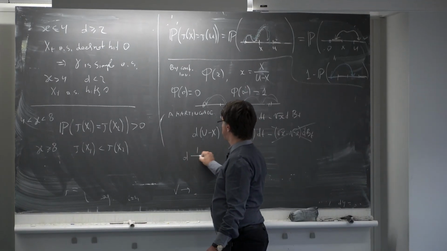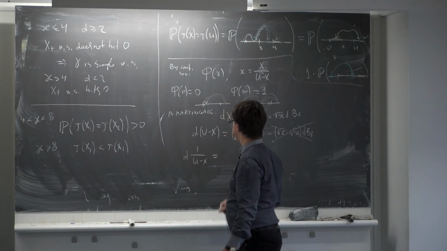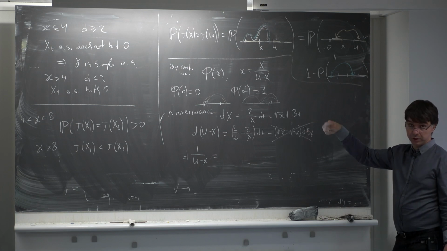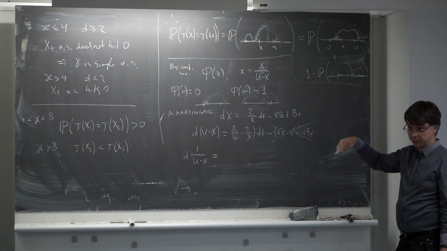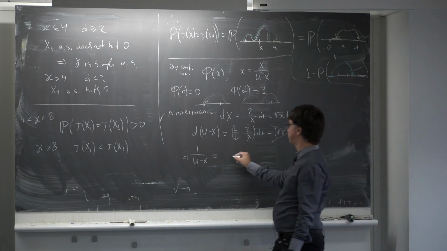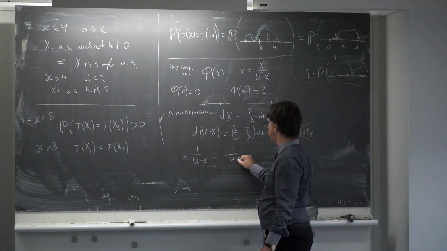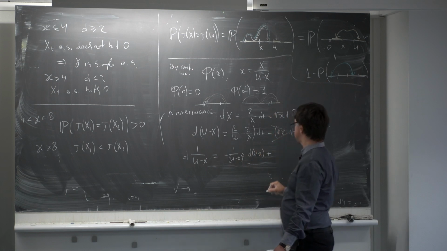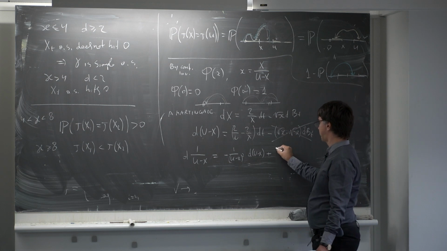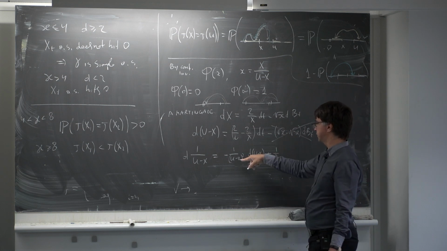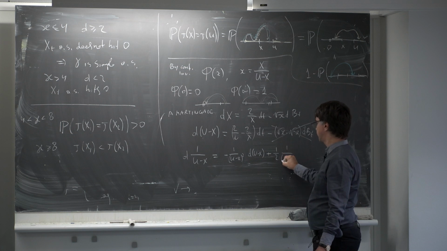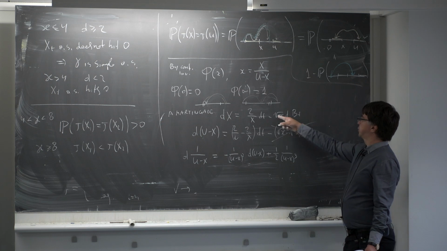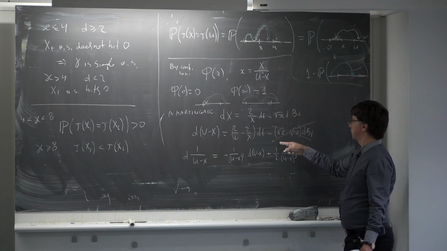Now, what is the differential of 1 over u minus x? Well, the derivative of a function 1 over something is minus 1 over something squared. So it's the derivative of this function times d(u minus x), plus one half of the second derivative, which is now a third power, times the square of d(u minus x).